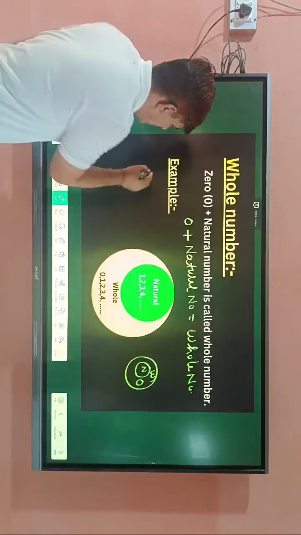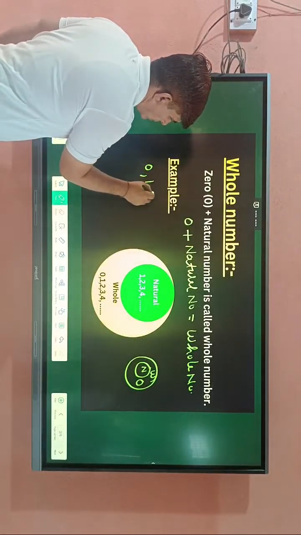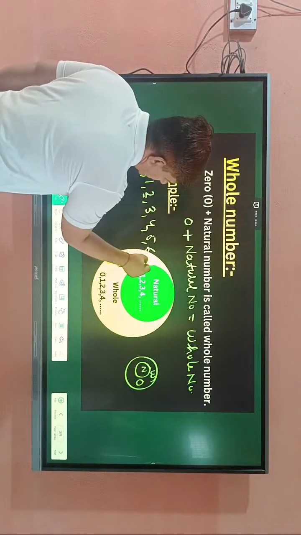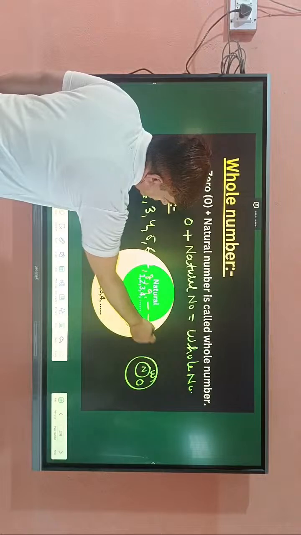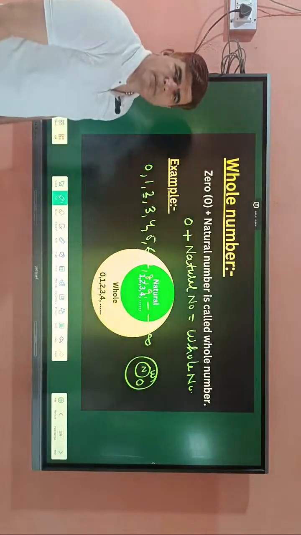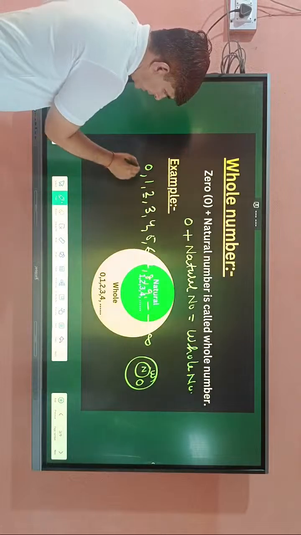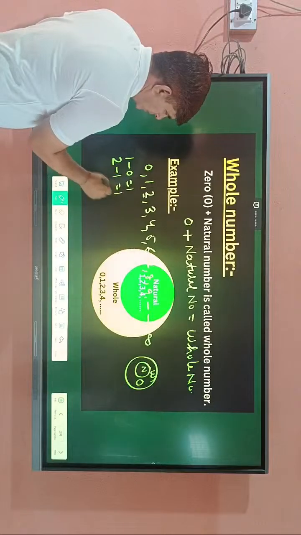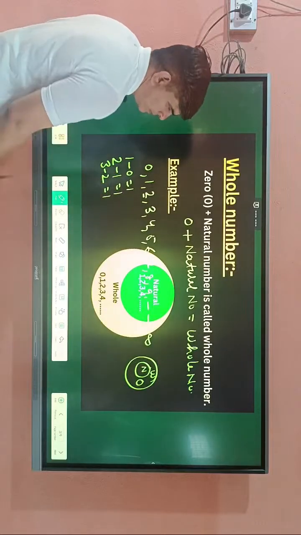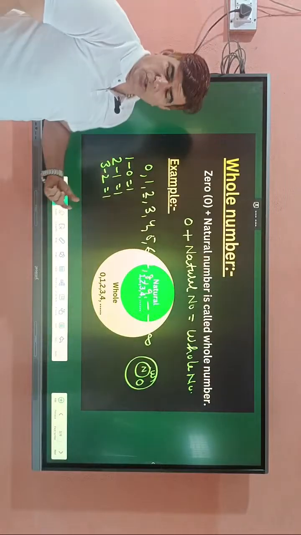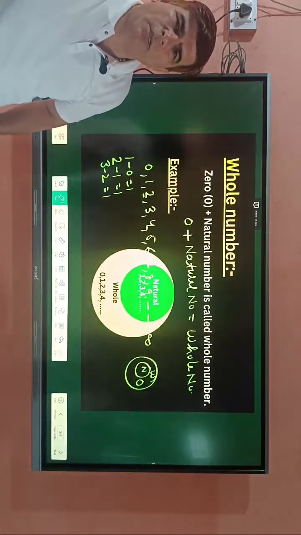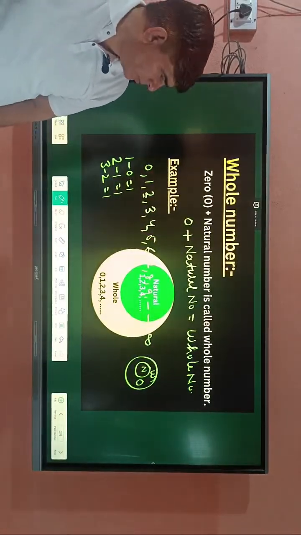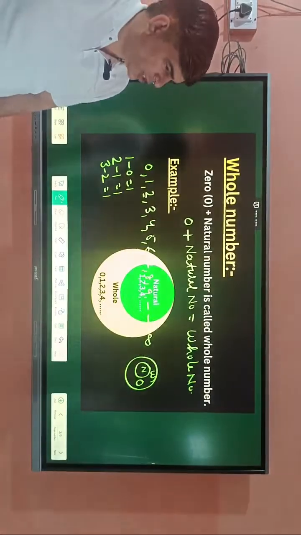So what's an example? 0, 1, 2, 3, 4, 5, 6, 7, 8, 9, till infinity. Understood? And again the difference between these is 1, 1, 1. And if the difference between two numbers, predecessor and successor, is not 1, it means these are not whole numbers. So I think this definition is also understood.